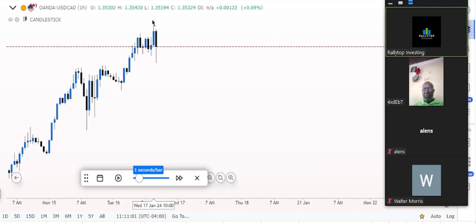Confirm that this is a high. Everyone, confirm it's a high. Yeah, it took out the previous inducement. Okay, can you use the annotation tool to start from this high and mark it for me? Start from this high.